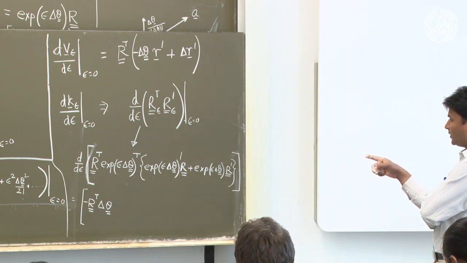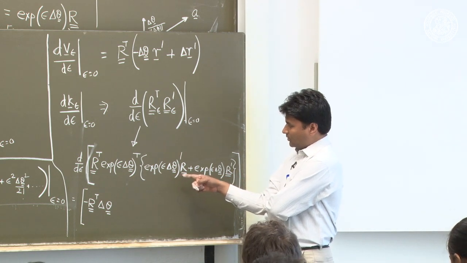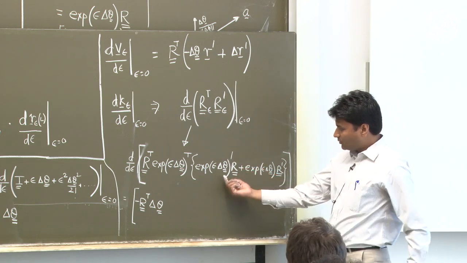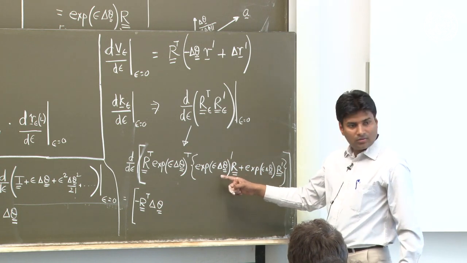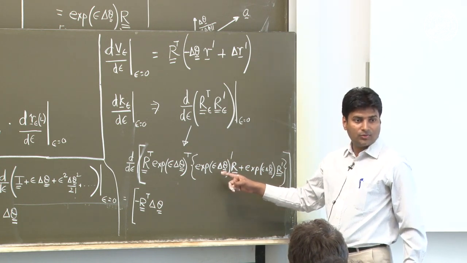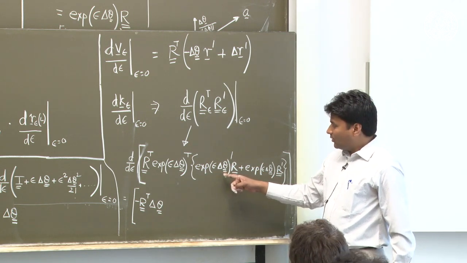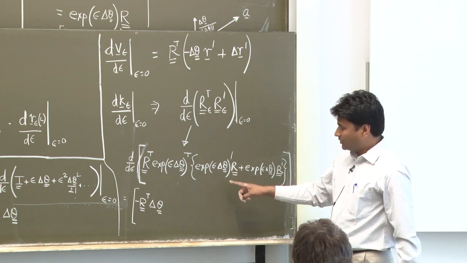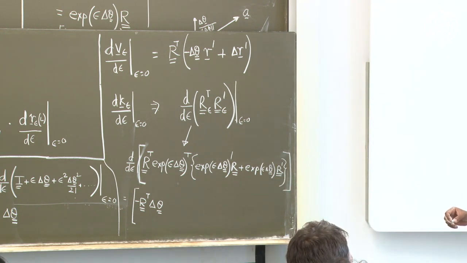Any idea what that's going to become? I plus epsilon. So of course this becomes 0, yes, because it's not so easy to see this, but at epsilon equals 0, the exponent is 1, and then take the prime.